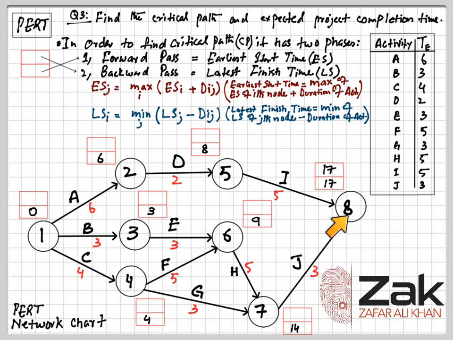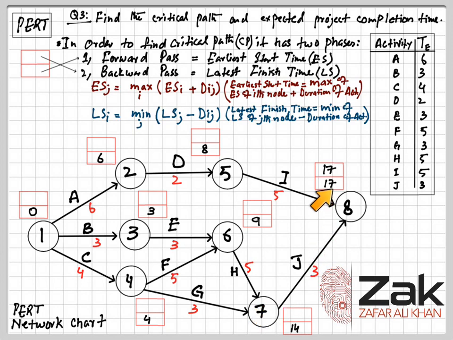So let's start from the 8th node. From 8 to 7, the latest finish time is equal to minimum of latest finish time at jth node, which is 17 here, which we already put as it is the latest finish time, minus the duration of the task between node 8 and 7.